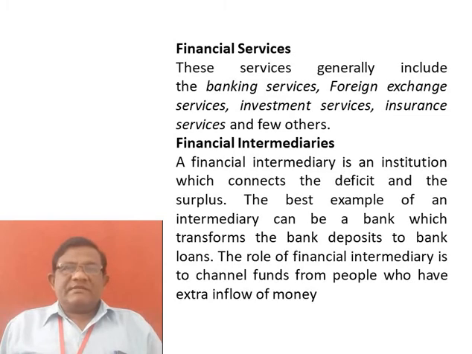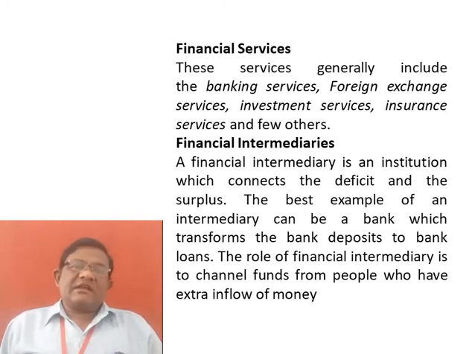Number three is productive usage. Financial markets allow for the productive usage of the funds borrowed, enhancing the income and the gross national product. Number four is capital formation. Financial markets provide a channel through which new savings flow to aid capital formation of a company.